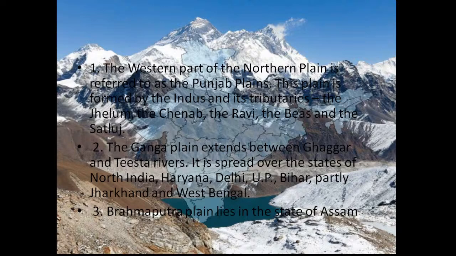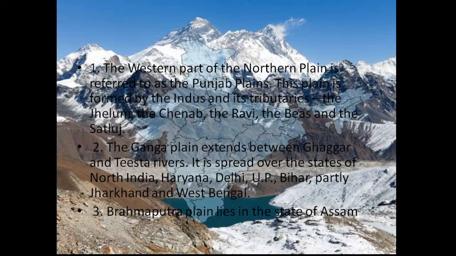It means we get our Brahmaputra river from Assam. The slope of this area is very gentle in the lower course of the river. This causes them to become sluggish.